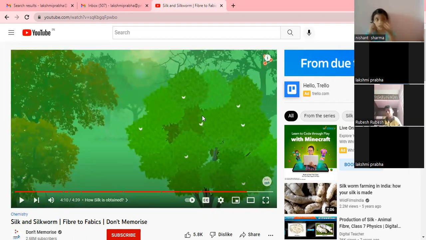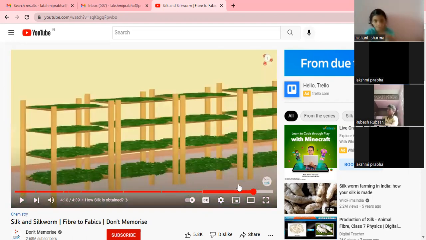It is not required that you have to cultivate mulberry plants. The process is rearing the silkworm. We can take mulberry leaves, arrange them in a rack, and make the adult moth lay eggs on these leaves, and you can cultivate it. You have to get permission for this culturing.